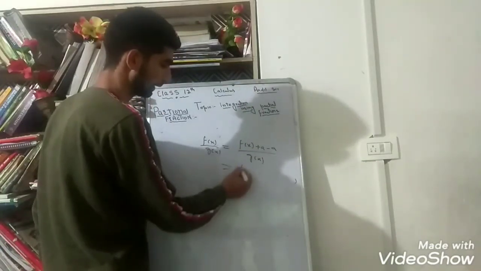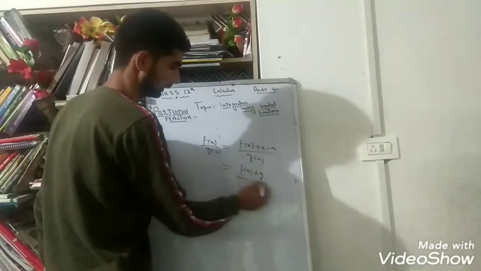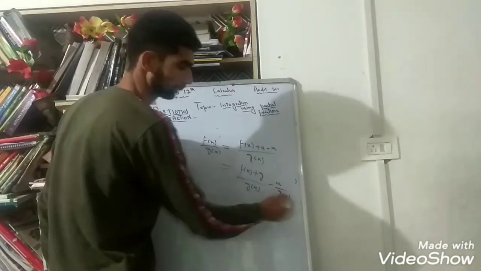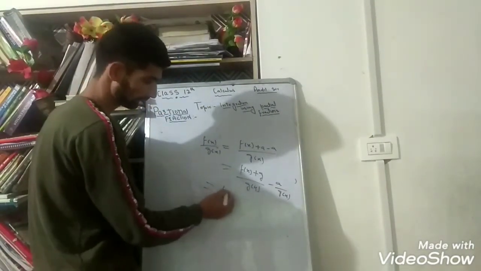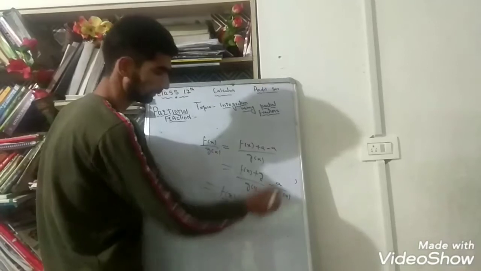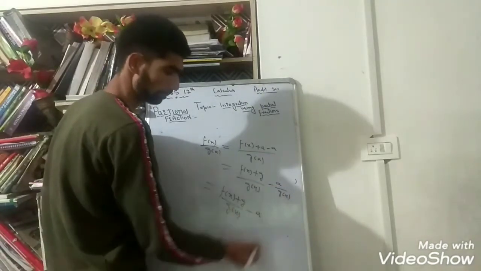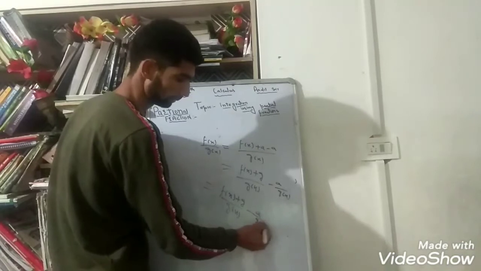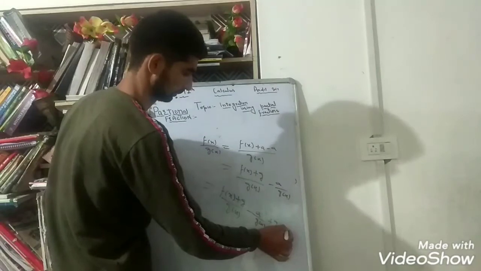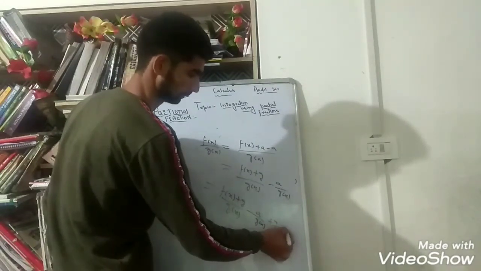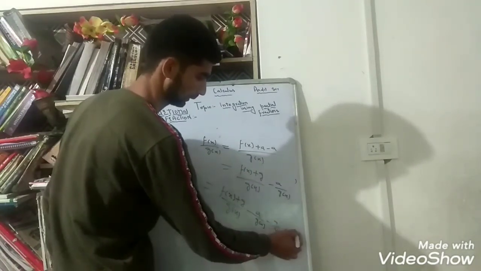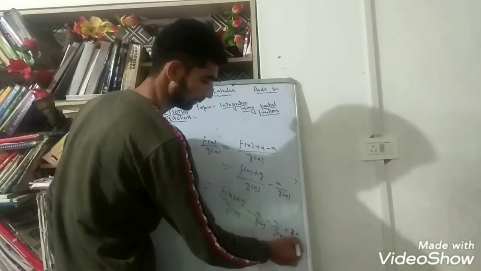This will be further equal to f(x) plus a divided by g(x) minus a divided by g(x), and we can write it like this.